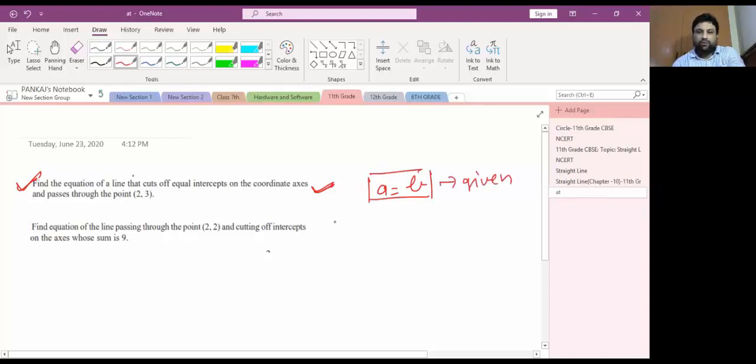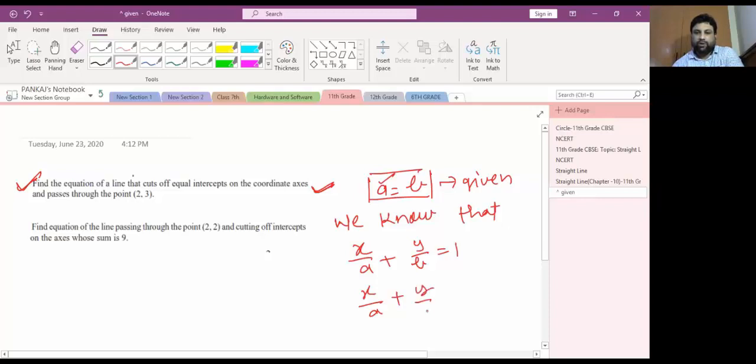So we know the intercept form of line, since intercepts are given: x upon A plus y upon B is equal to 1. In place of B we can write A, with the given condition. So it becomes x upon A plus y upon A is equal to 1.